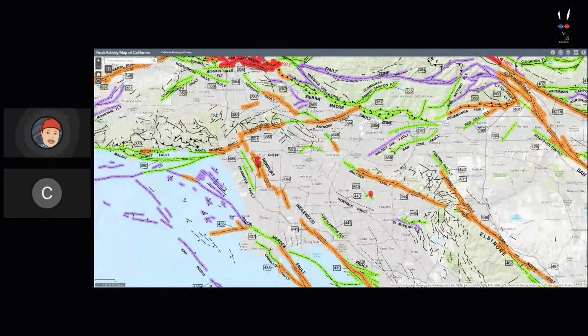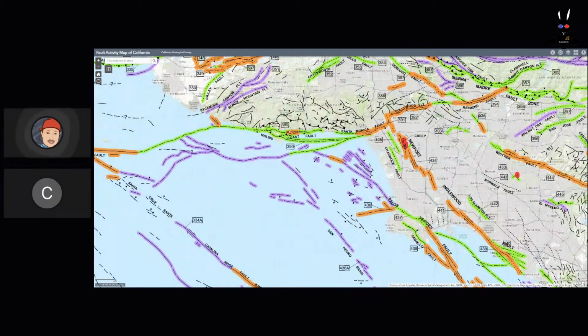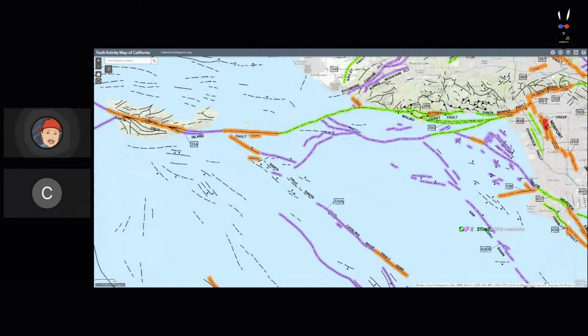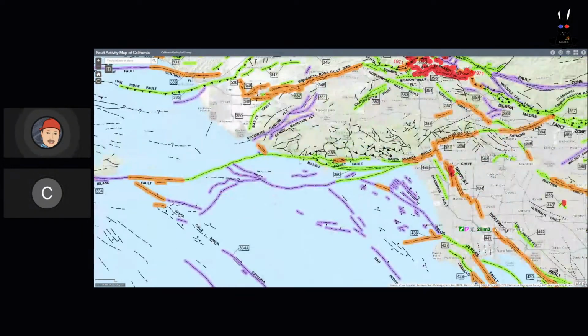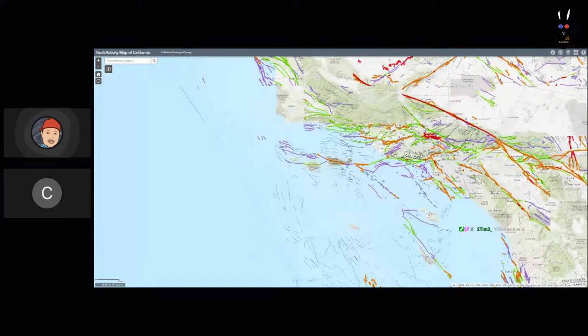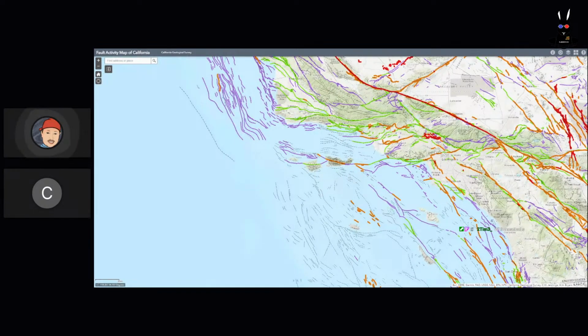Our barrier this evening will be in the south: the Cucamonga, Raymond, Sierra Madre, Hollywood, Santa Monica, Malibu, all the way out to the Santa Cruz and Santa Rosa Islands. So we've done everything south of this. Now we're working this little section to the north, specifically to about right here.